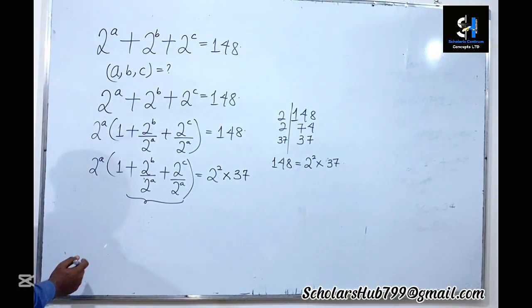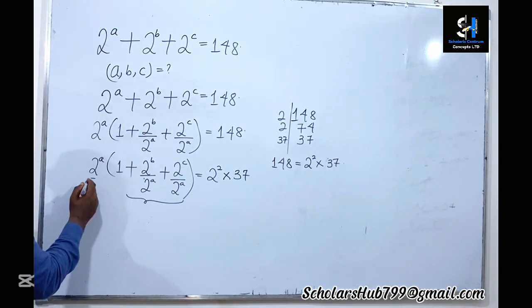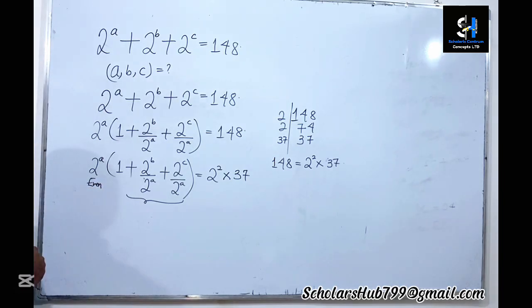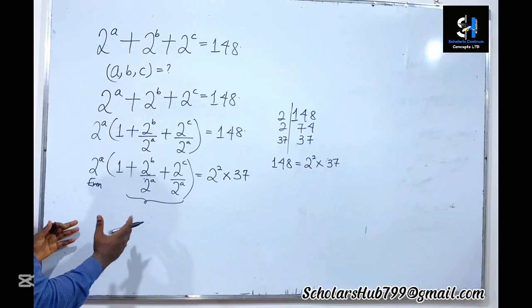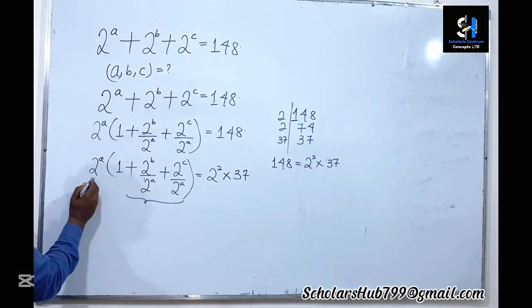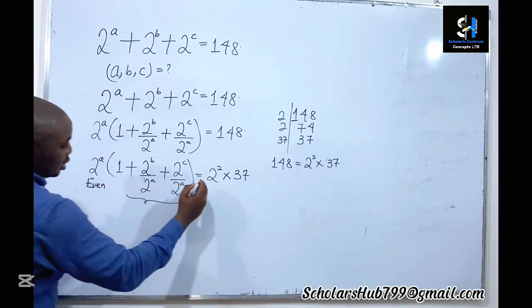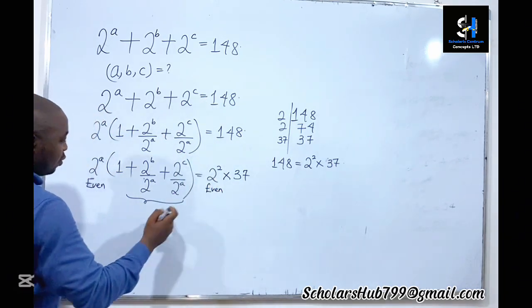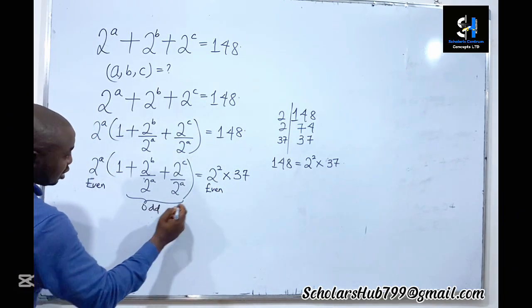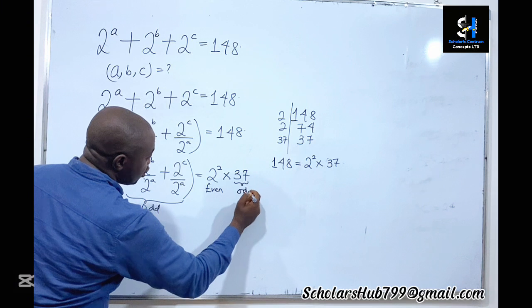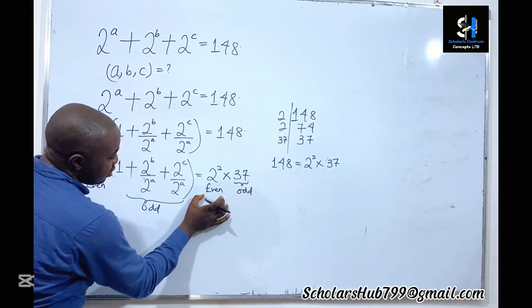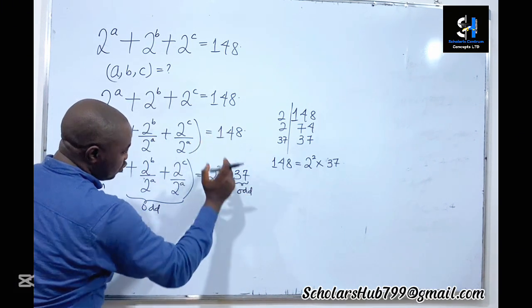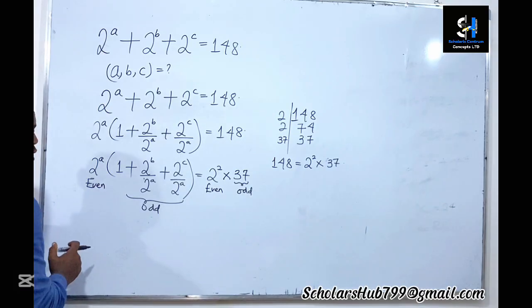Now this is even, when we compare the product. And this is even because 2 to the power of 2 is 4. Then this is odd, and this is odd. So we have an even prime factor, which is 2 raised to the power of 2 now, then we have an odd prime factor in this case.